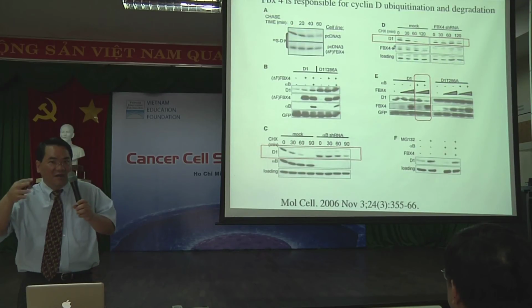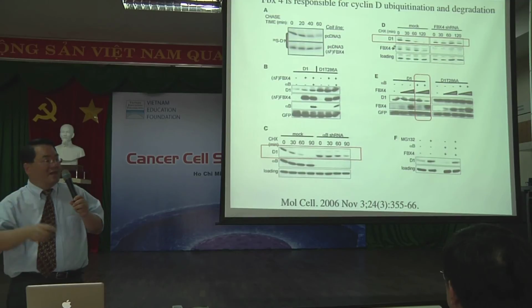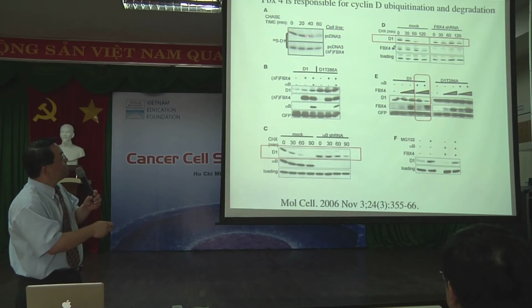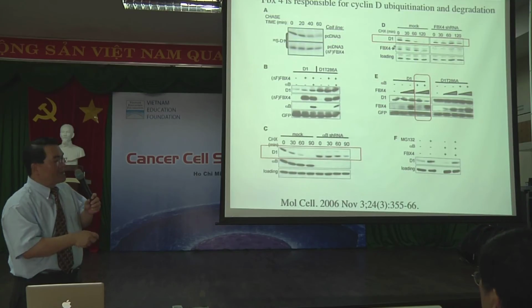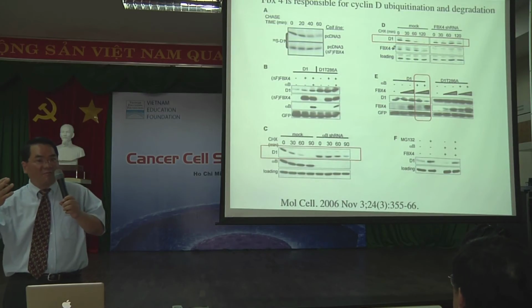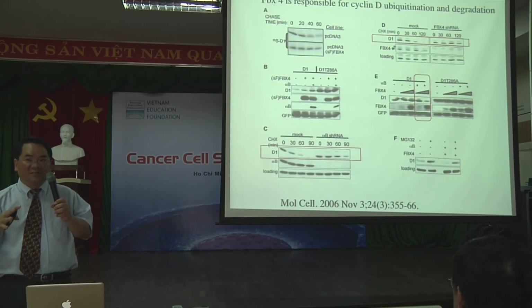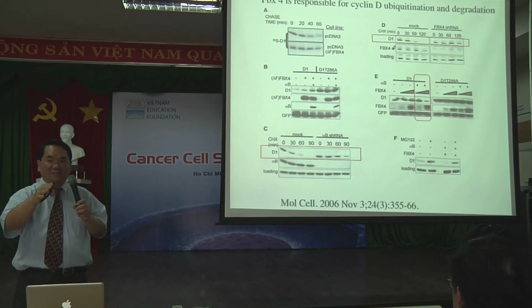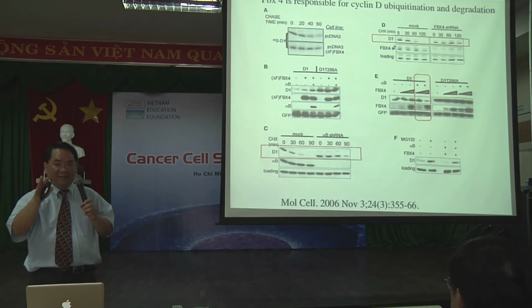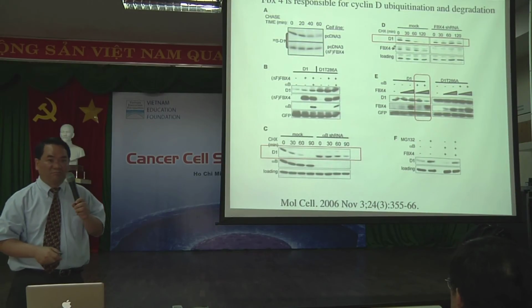The endogenous F-FBOX4 is present in the cell line, and then it will cause the downregulation of cyclin D. Right now, if we transfect a dominant negative form of F-FBOX4 into the cell, wiping out the endogenous F-FBOX4 in the cell, we sort of inhibit the endogenous E3 ligase for cyclin D. Now you see, this cyclin D is very, very stable, right?